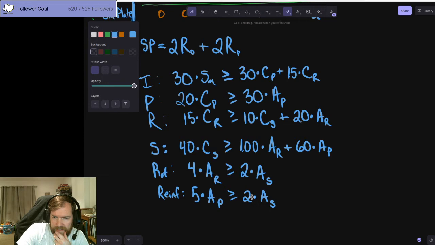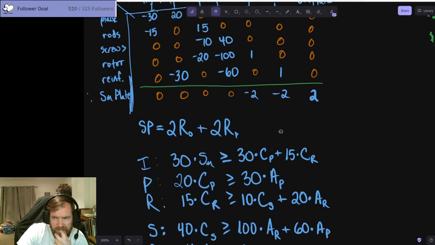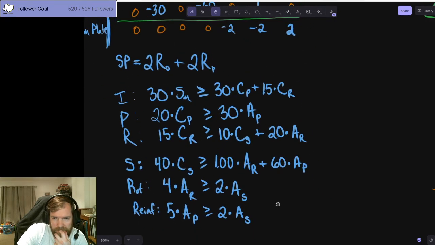I know that's basically just true itself, but what do we want with this, really? How much plate per minute are we going to use to make smart plate? It's just 2 a minute for both rotors and reinforced plate.